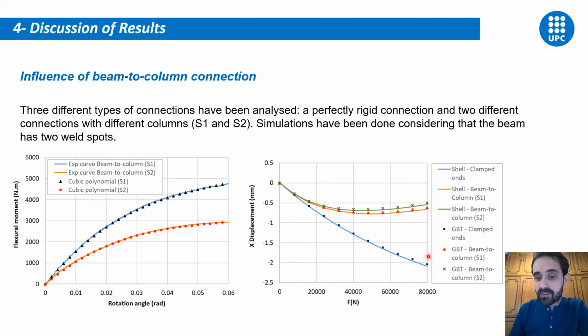You will observe, first of all, the very good agreement between shell and GBT values, and also that the maximum horizontal displacement is obtained for the stiffer connection. The perfectly rigid connection has a higher horizontal displacement than the other cases. Obviously, the vertical deflection behavior is totally different in each case.